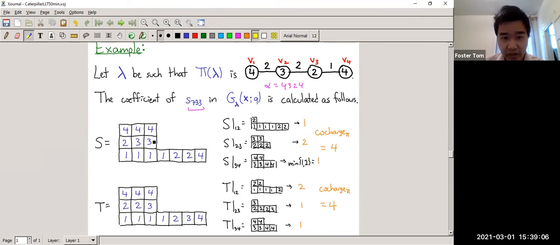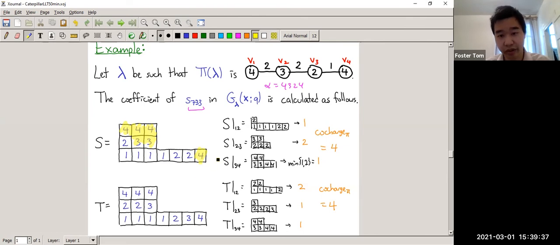So for S, what I want to do is restrict S to 1s and 2s. So I get this tableau here, S1,2, and I just look at the number of entries on the second row. So there's 1. Then I restrict S to 2s and 3s and get some skew tableau, which I'm going to rectify. And I get this tableau that has 2 entries on the second row. And then the same thing for 3s and 4s.